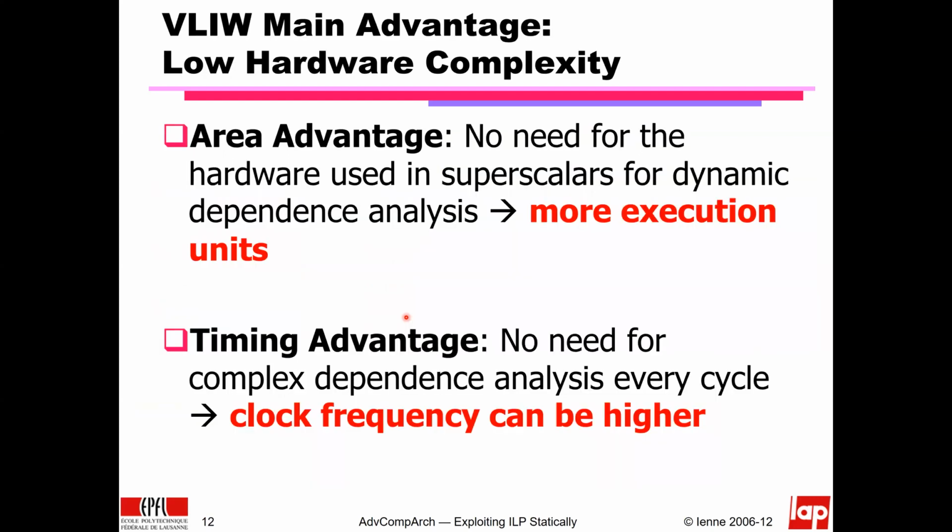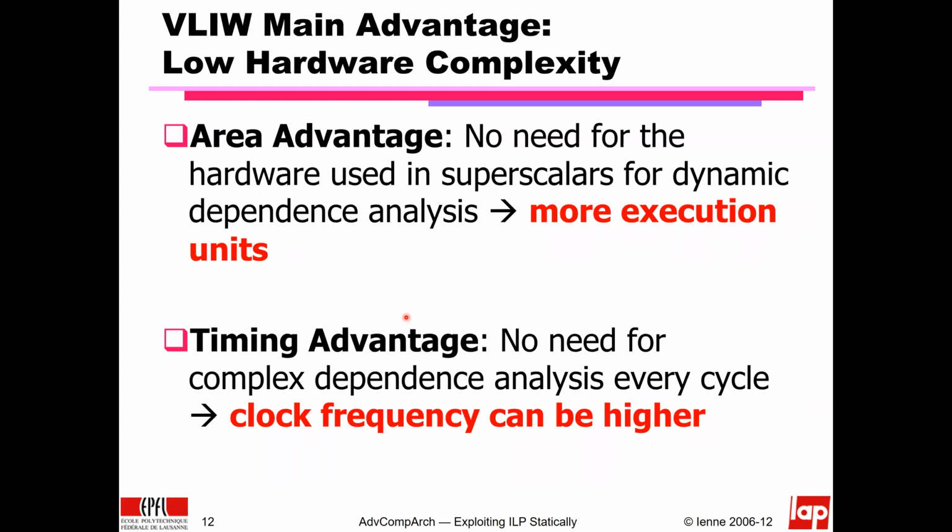So again, once more, what do I expect from this? I expect to use my transistors better, not to put transistors in doing a job that I can comfortably do at home before, in my compiler.